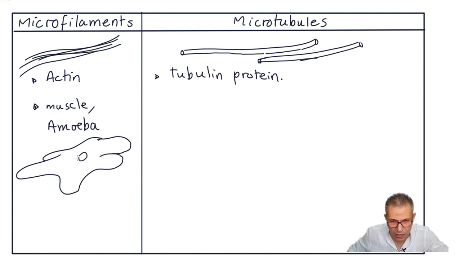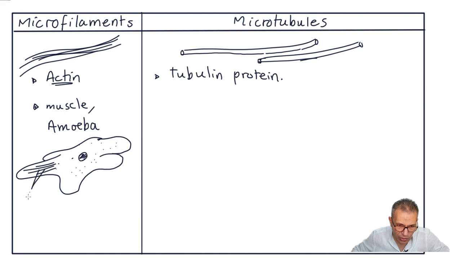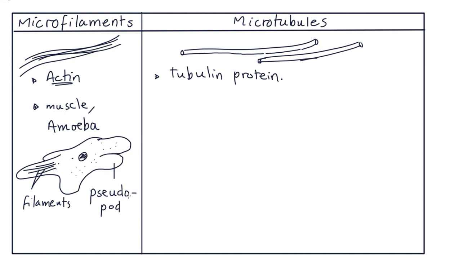This amoeba cell has a nucleus and lives in fresh water, and it has to push some thread-like structure made up of actin, so these are called microfilaments. In fact, it's called a pseudopod, meaning false foot.